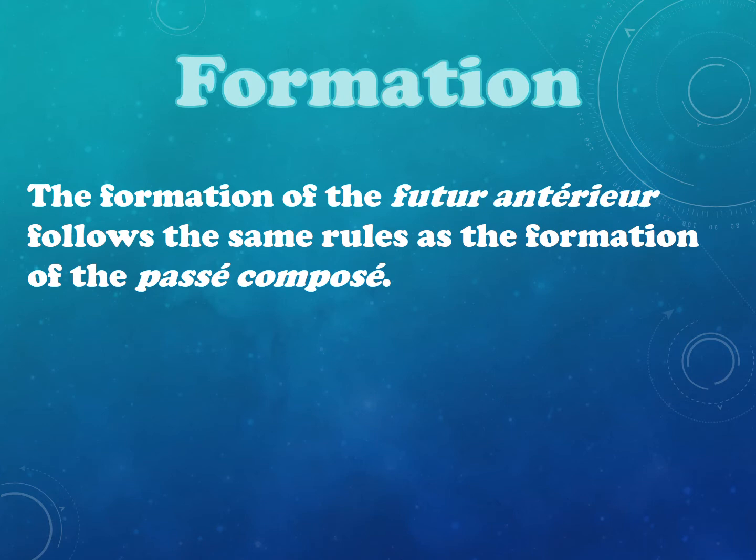The formation of the futur antérieur follows the exact same rules as the formation of the passé composé. So which helping verb you're using, how the past participle is formed, whether or not you make your past participle agree by adding e and or s, all of those things are the same for the futur antérieur as they are for the passé composé, the subjonctif passé, and the plus que parfait, all of the compound tenses that we have learned.